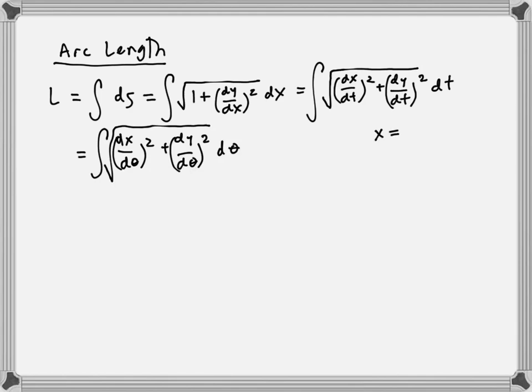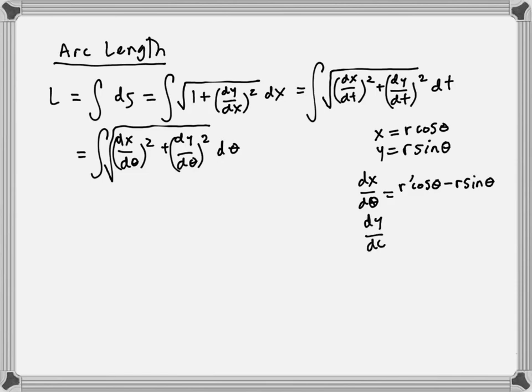Remember, x is equal to r cos theta, and y is equal to r sine theta. So dx/dθ is equal to r prime, where r prime just means dr/dθ, using the product rule, cos theta, minus r sine theta, and dy/dθ is equal to r prime sine theta plus r cosine theta.